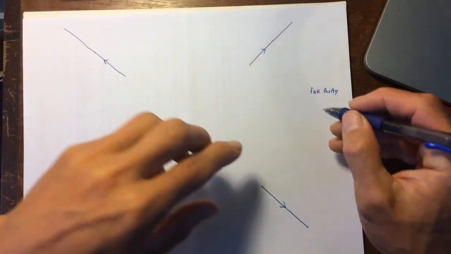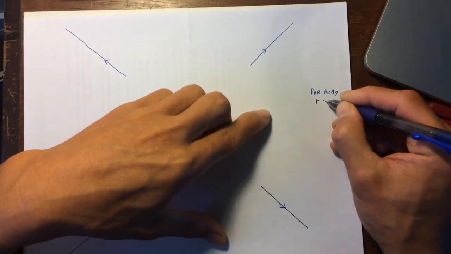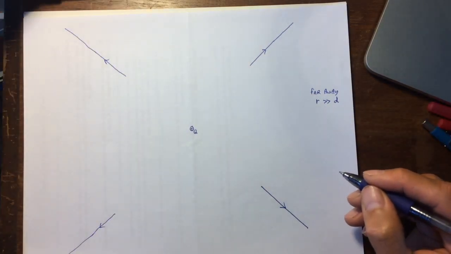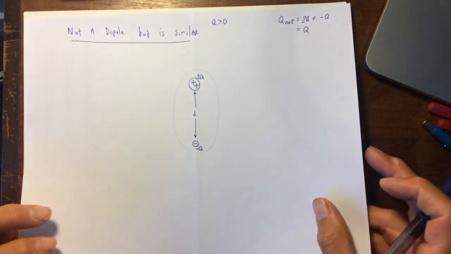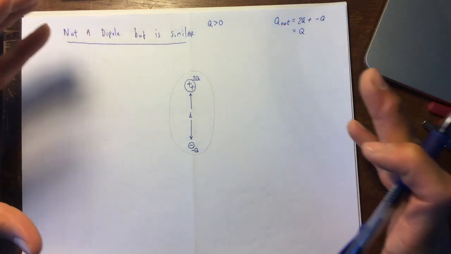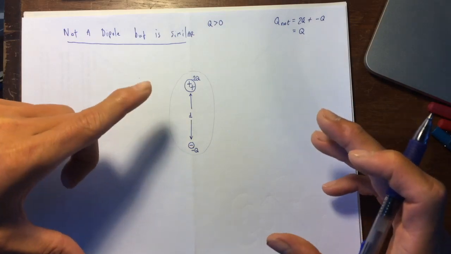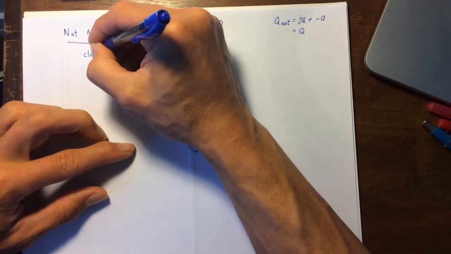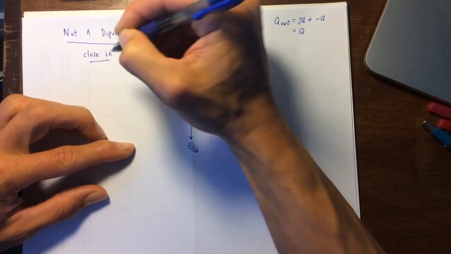Far away means at distances that are really big compared to this small distance of separation. So I'm imagining very far away from this charge distribution. But close in, right?